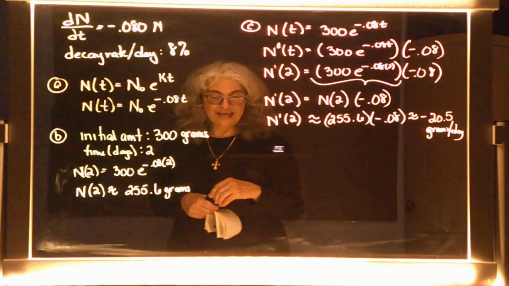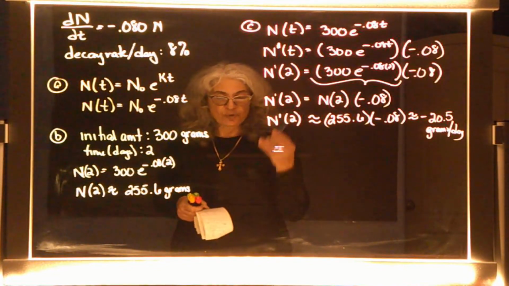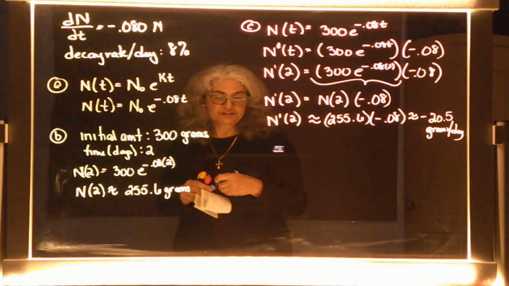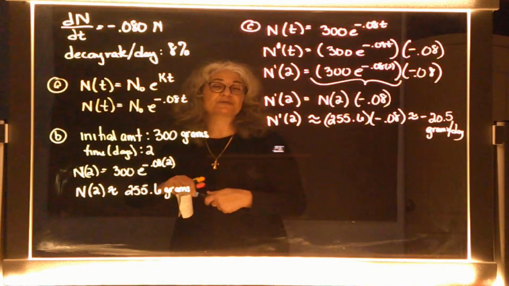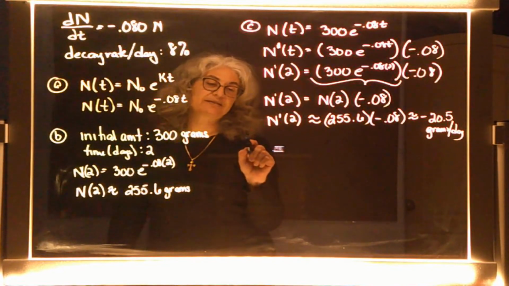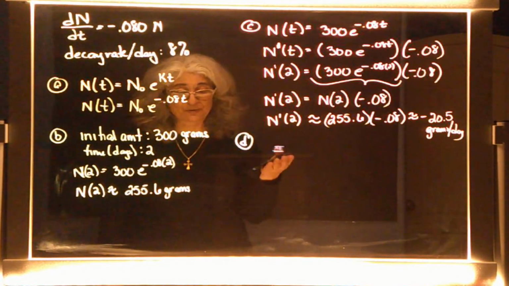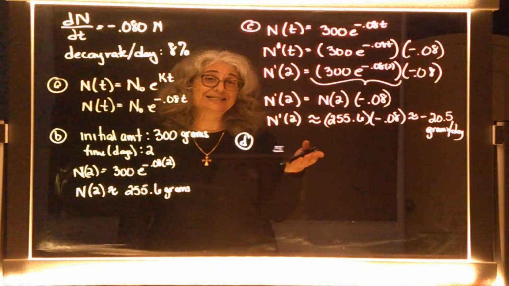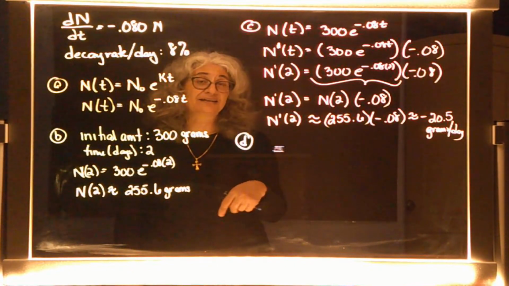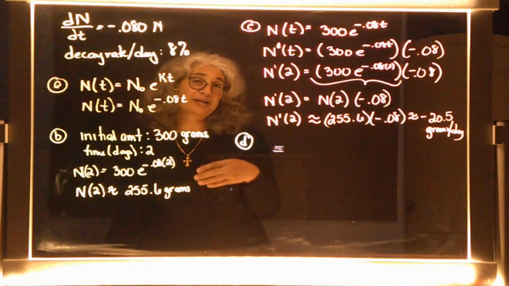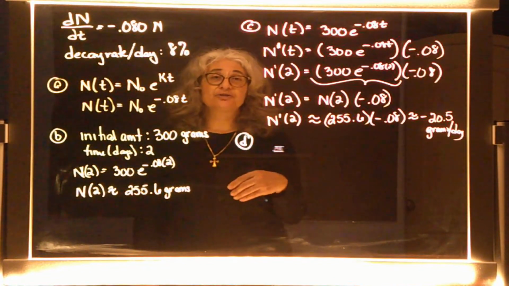Part D is saying, after how many days will half of the original amount of 300 grams of the substance remain? Okay, this sounds familiar, doesn't it? Yeah, it's like a half-life, isn't it? Because they want to know how many days is it going to take for half of this thing to decay. So if we start with 300 grams, then we end at 150 grams.